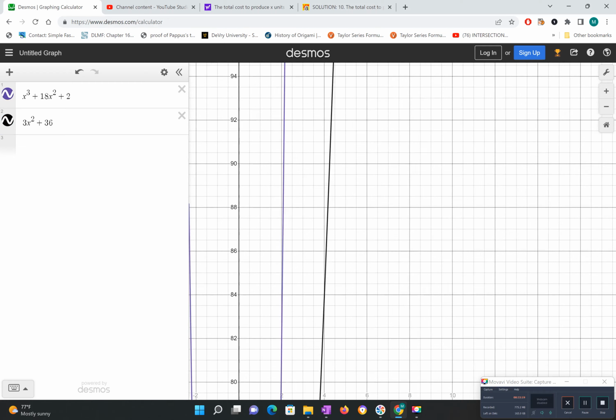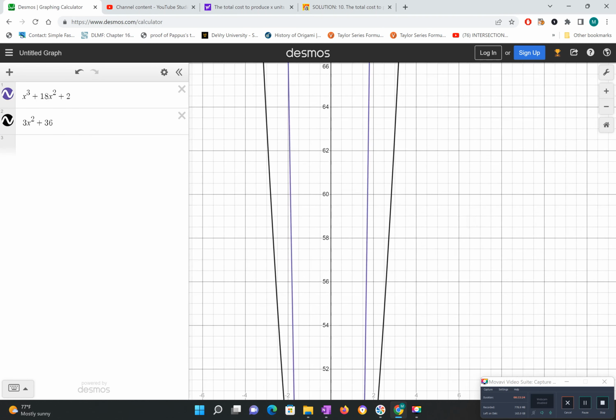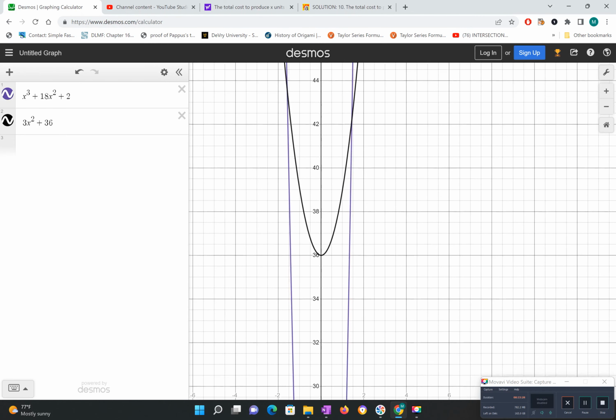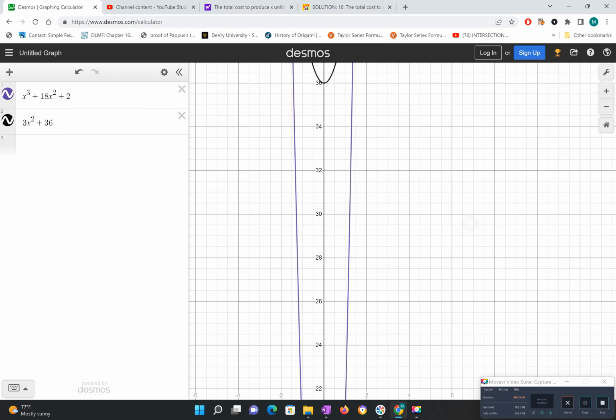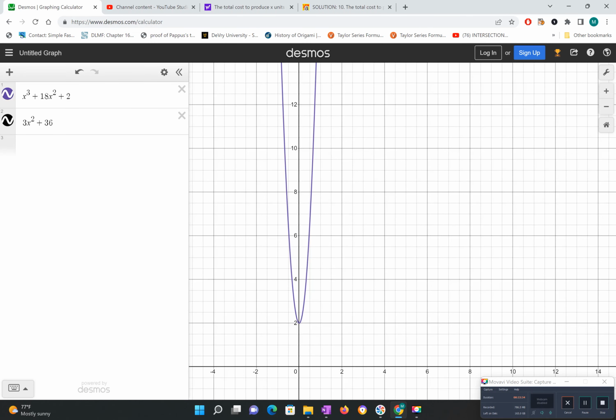Let's take a gander and see if it shows us a little bit more clearly. I'm hoping that I can get a nice visual. Let's see. I'm gonna go to the origin so I can see. Okay. We're looking at 0 and we're looking at 12.